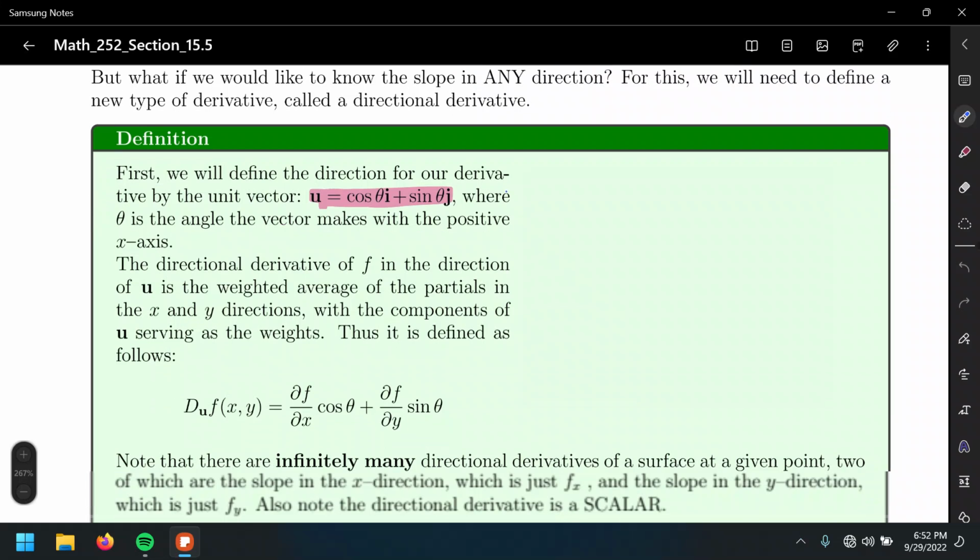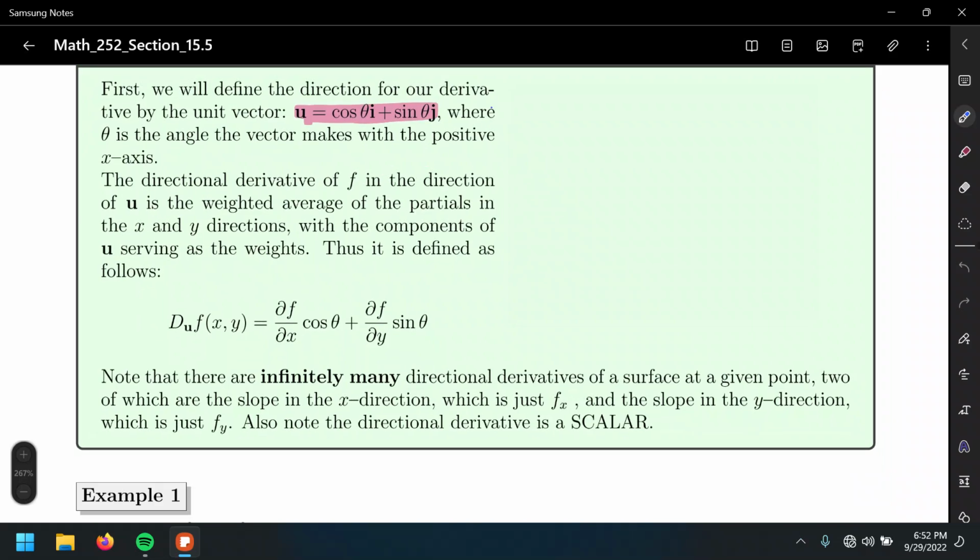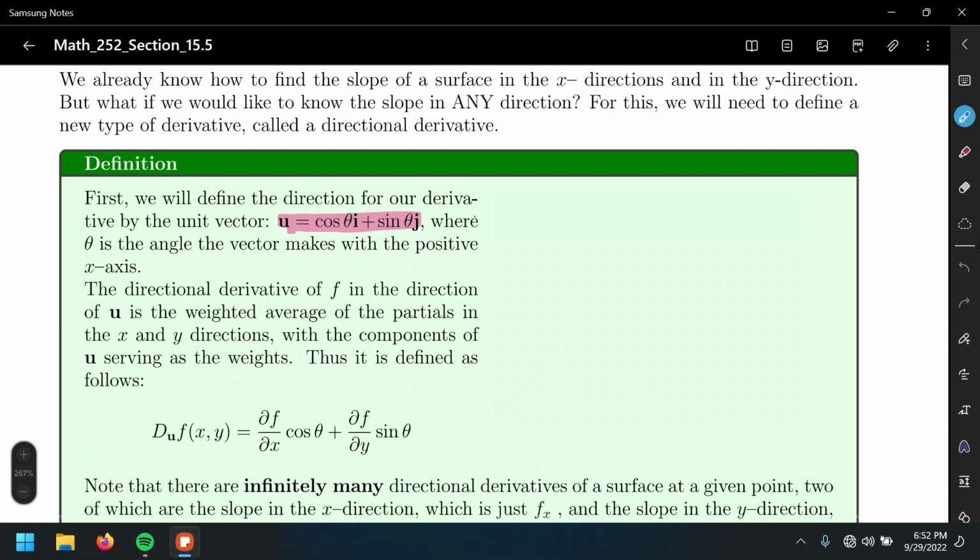So let's have this diagram right here. So we have our 3D space right here. And well, let's consider this surface. Let me do some very generic surface right here. Nothing too crazy actually.